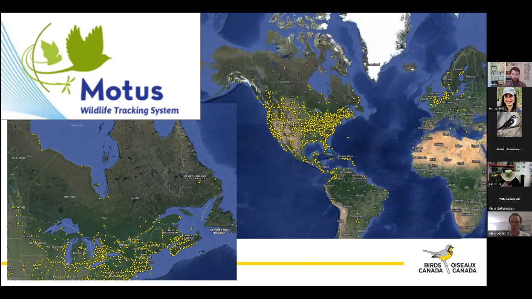And so putting up a MODIS tower means that if you're the owner of that MODIS tower, you'll be able to see what species are detected at your tower. And if you put a tag on a bird, then you're able to see all of the towers that tag is detected from. And so as you build your own project, it supports other researchers as well because it builds into this broader array.